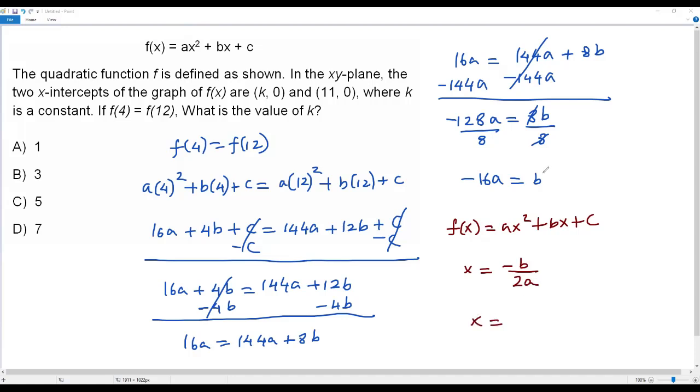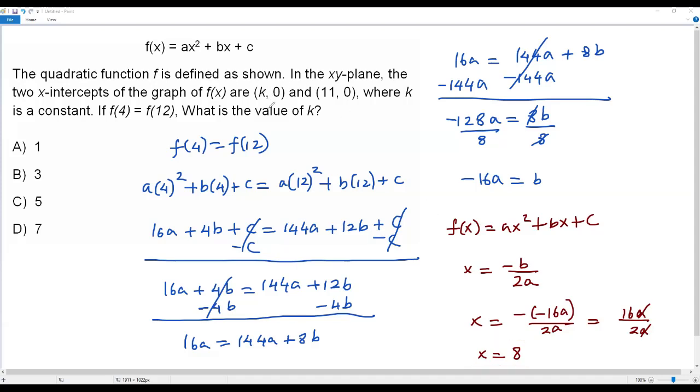Already we got the value of b in terms of a, that is negative 16a. So we can plug in this negative 16a for b over here. So we get negative of negative 16a over 2a. So then negative times negative becomes positive 16a over 2a. So this a will cancel out. x equals, when I divide 16 by 2, I am getting 8. Okay, now I got the x-coordinate of the vertex of the given quadratic function, that is 8.